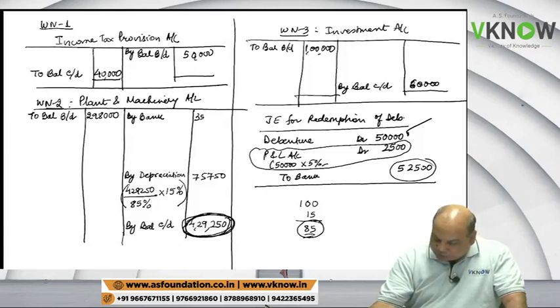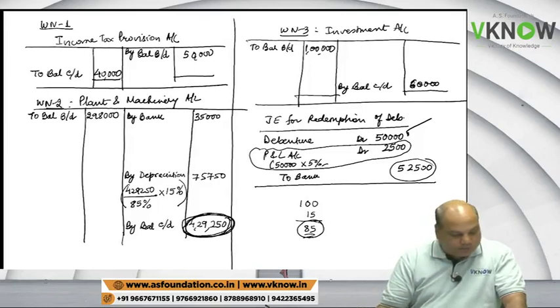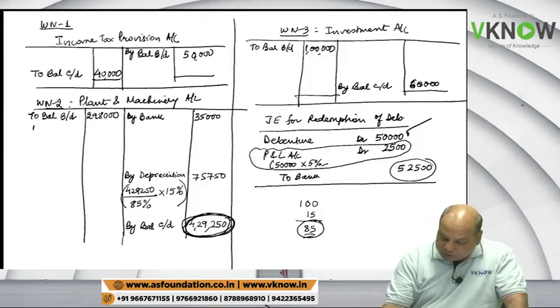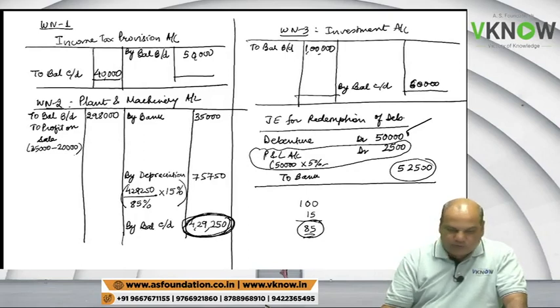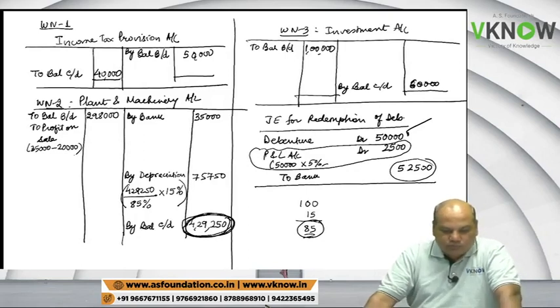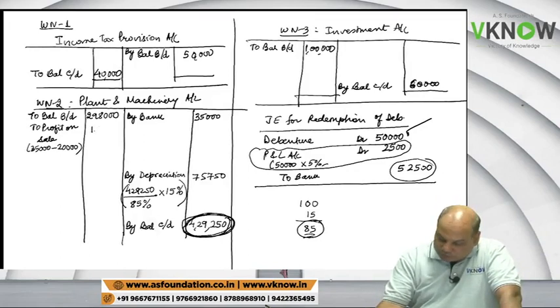Bank account debit to plant and machinery 35,000. And on the debit side, to profit on sale, 35,000 minus 20,000 is 15,000.